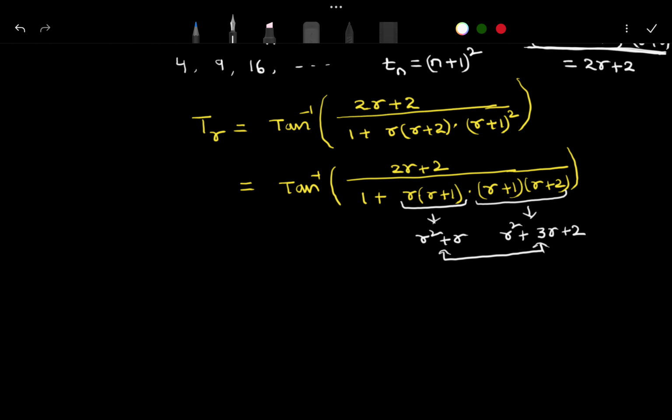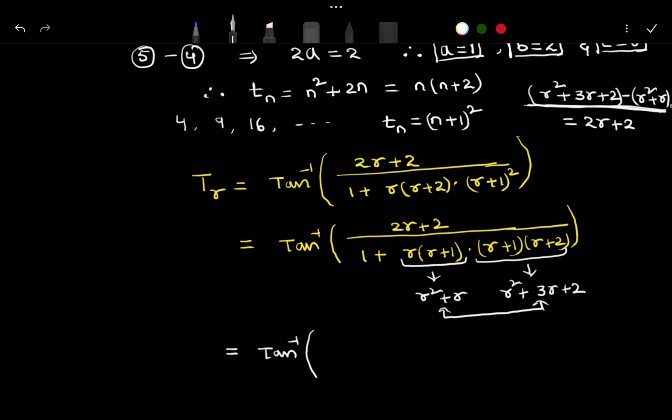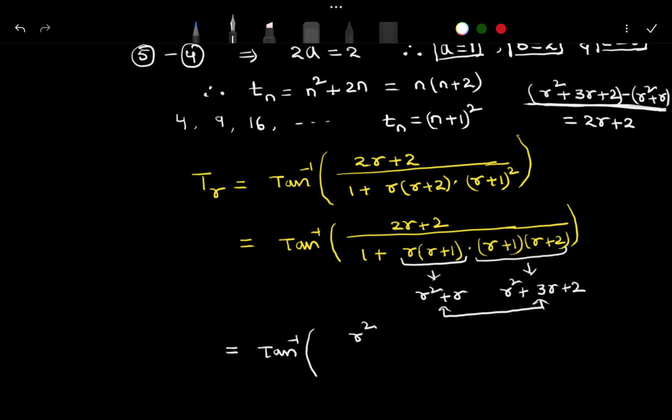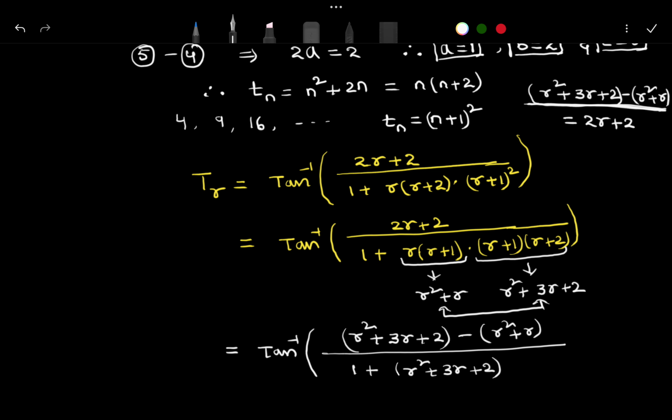So now this value will be equal to tan inverse of the numerator, replaced with r square plus 3r plus 2 minus r square plus r, whole divided by 1 plus r square plus 3r plus 2 into r square plus r.